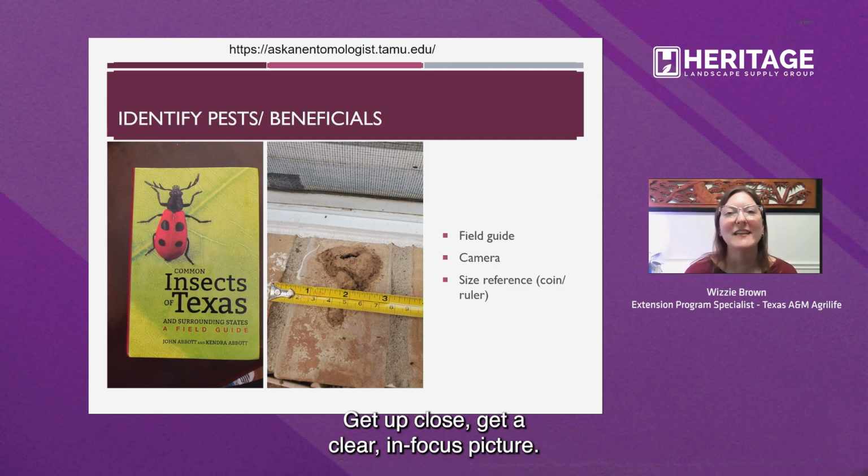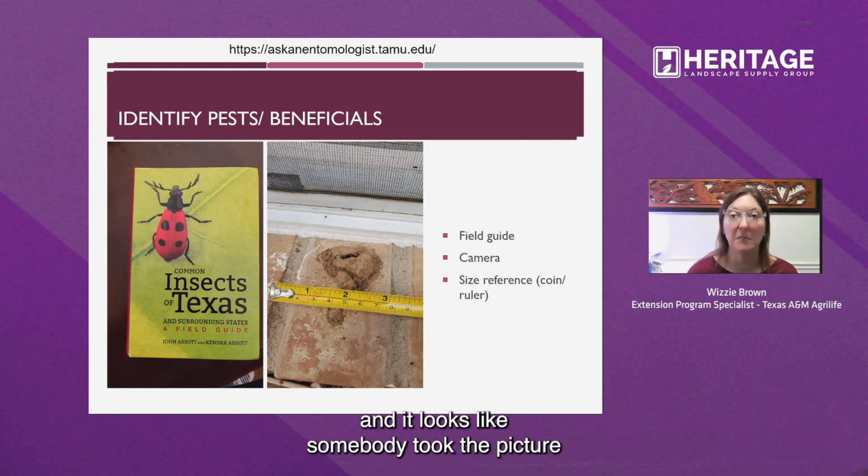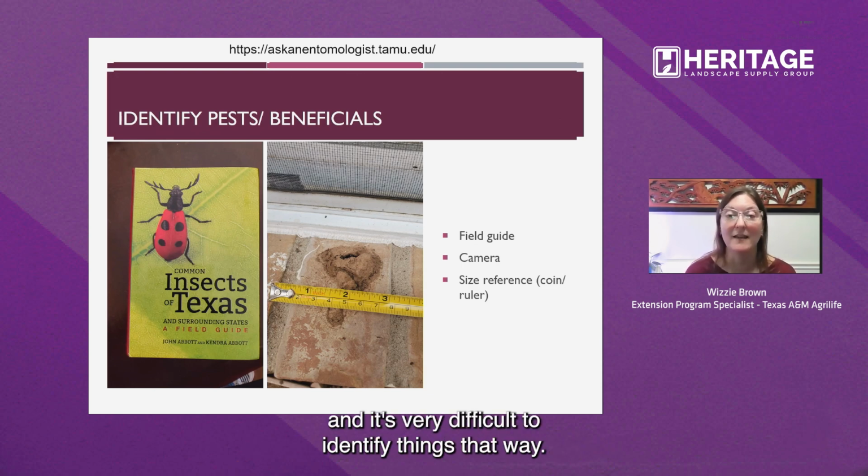Get up close, get a clear in focus picture. I get a lot of pictures for identification, and it looks like somebody took the picture of the insect from 20 feet away, and it doesn't really look like anything, and it's very difficult to identify things that way.